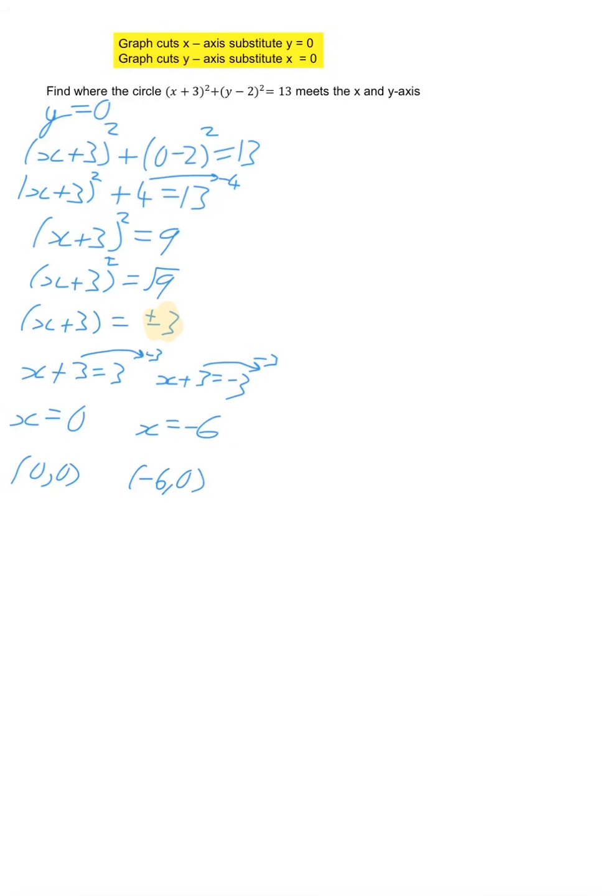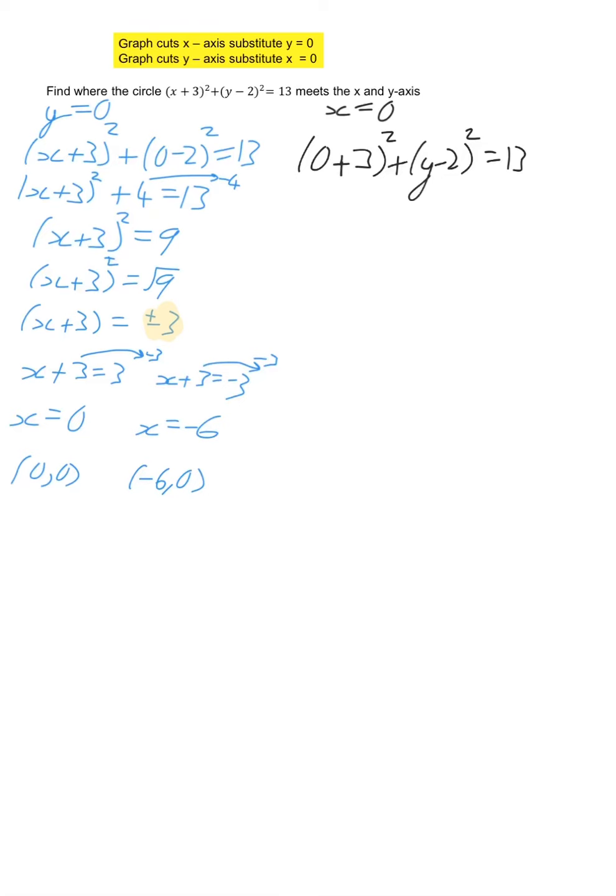all I need to do then is substitute x is 0 into the equation. So let's do that. Okay, so now in my equation I'm going to have (0 + 3)² + (y − 2)² equal to 13.